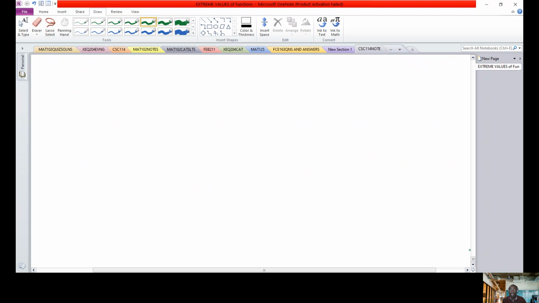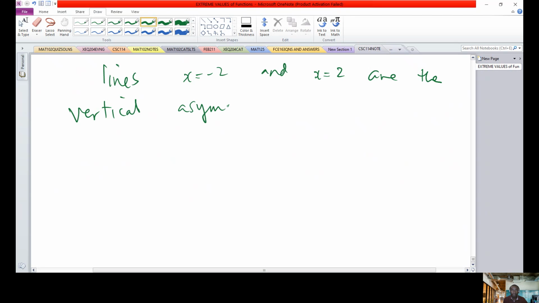So the lines x equals -2 and x equals 2 are the vertical asymptotes of the function. So therefore, with this, we can sketch the graph.